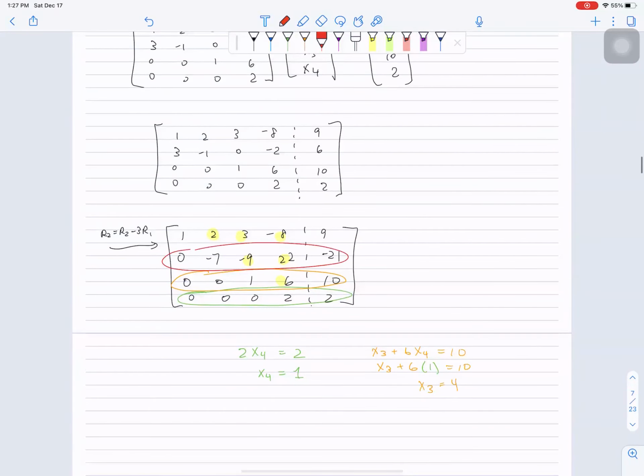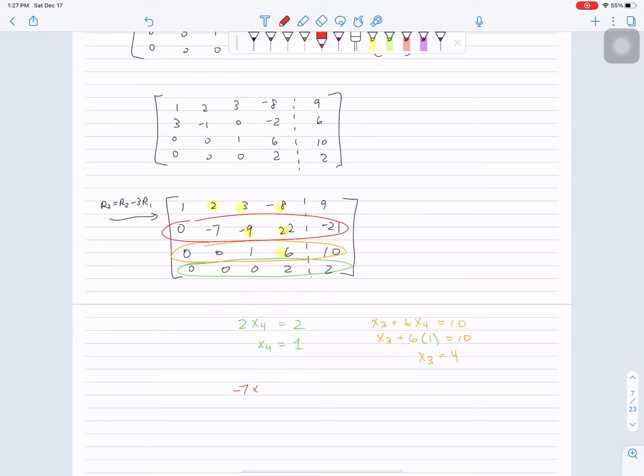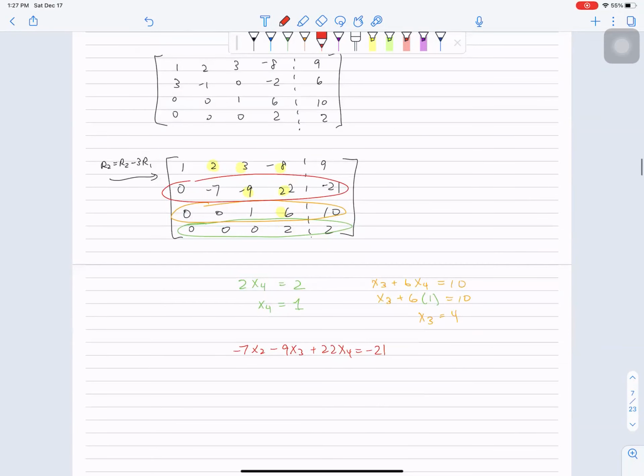My next row tells me negative 7x2 minus 9x3 plus 22x4 equals negative 21. So negative 7x2 minus 9, I just found what x3 is, it's 4, plus 22, I just found what x4 is, it's 1, equals negative 21. So I can simplify and I get x2 equals 1.